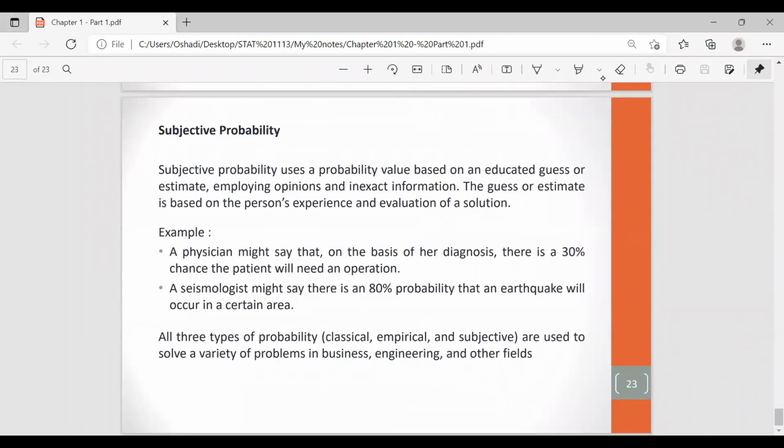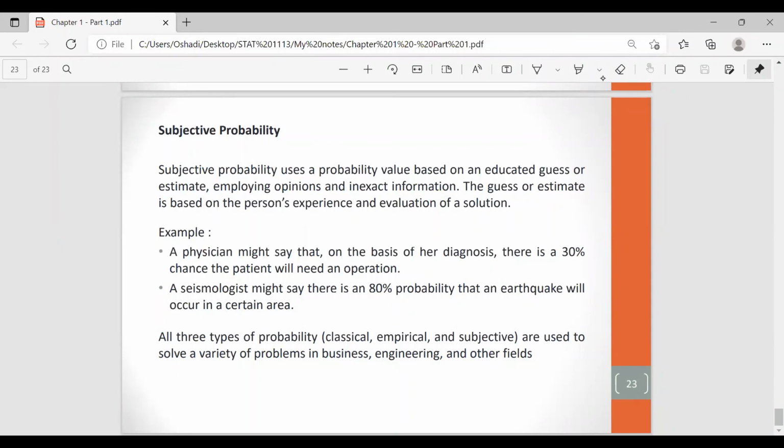The last type of probability is subjective probability. We learned there are three types of probabilities: classical or theoretical probability, empirical probability, and the final one, subjective probability. In classical probability, any outcome has an equal chance of getting selected.